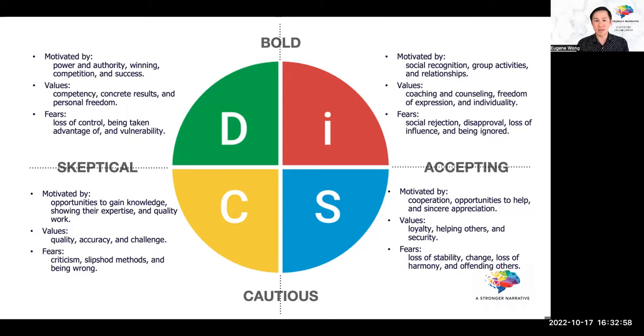Don't care about the feelings. It's more about getting the data down. And when they have interrogated you over the data, then they'll probably sign on the dotted line straight away. Whereas someone who is an S or a C is probably more likely to ask questions and then say, I need to go away and have a think about it first.